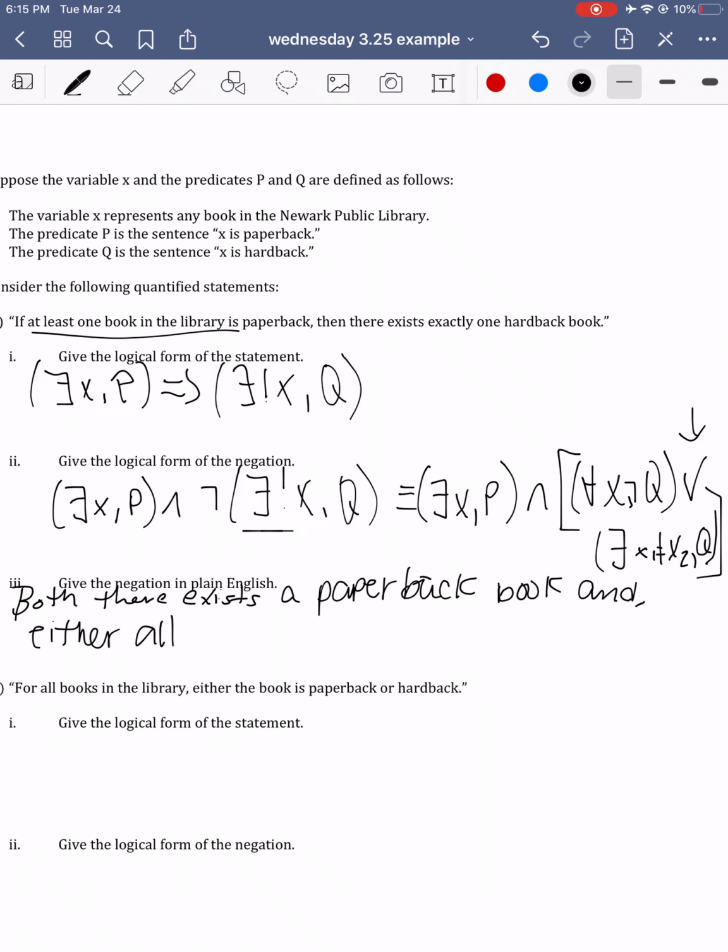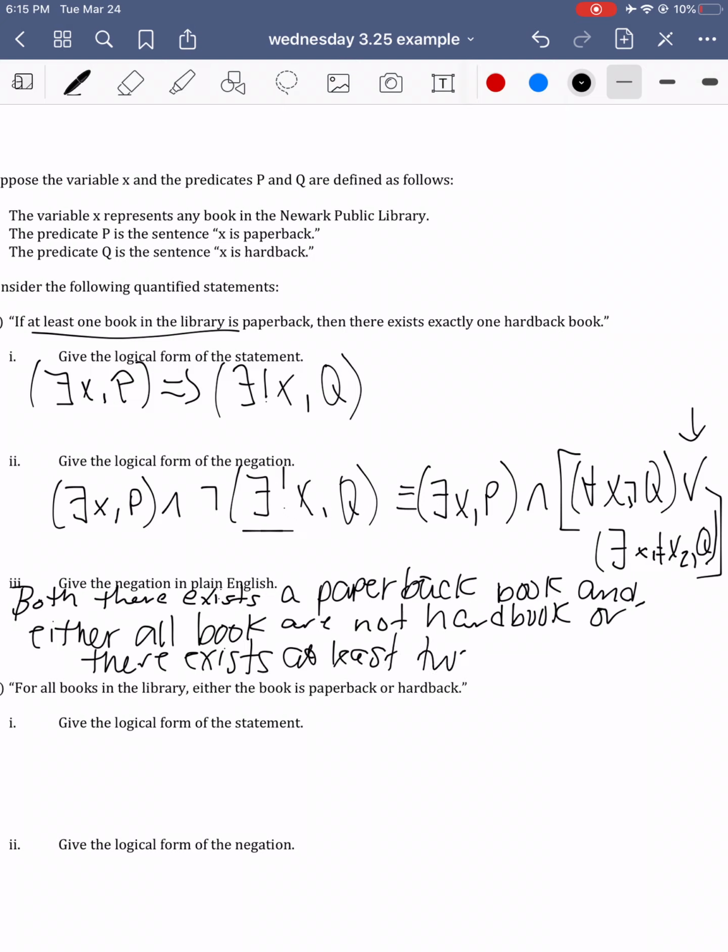So either all books are not hardback, since that is not Q, or there exists at least 2 hardback books.